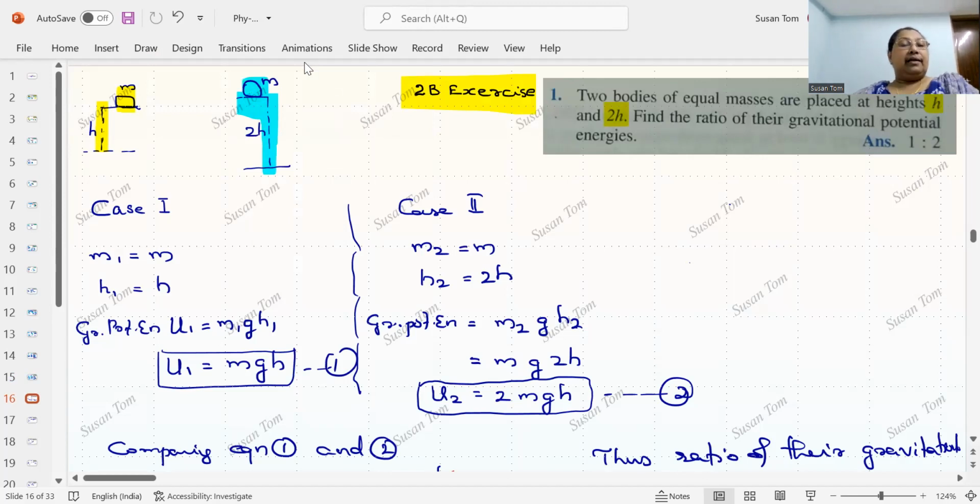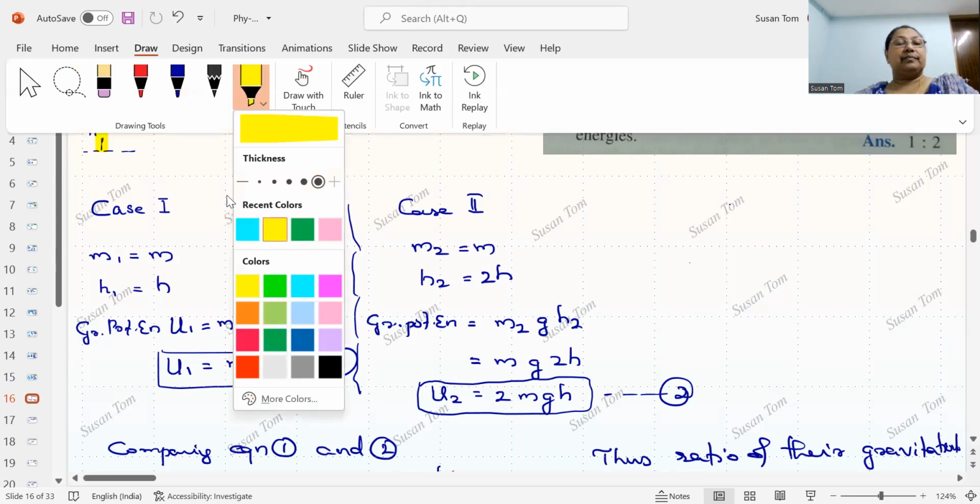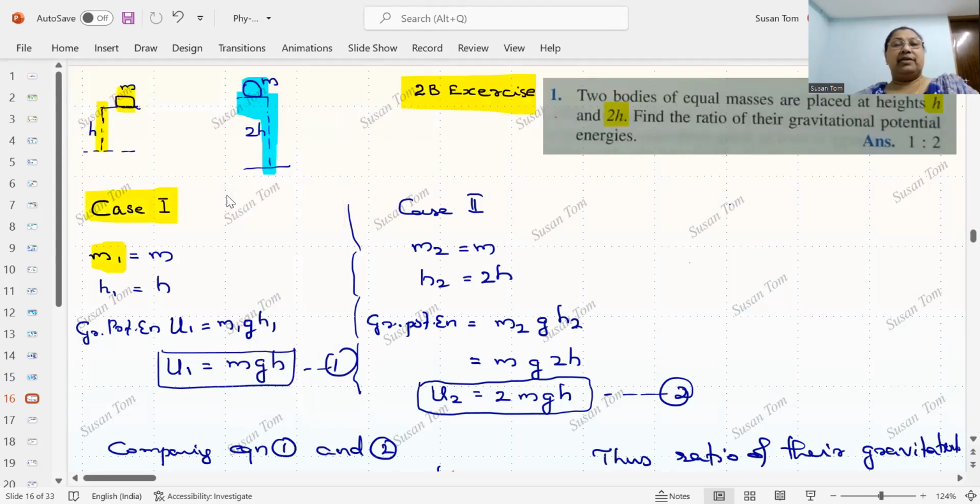Case 1, the first body. Two bodies of equal masses, it is said equal masses. Let the mass of both the bodies be m kg. So m I'm taking. Second body also will have the same mass. Height, first one is h, second one is 2h.